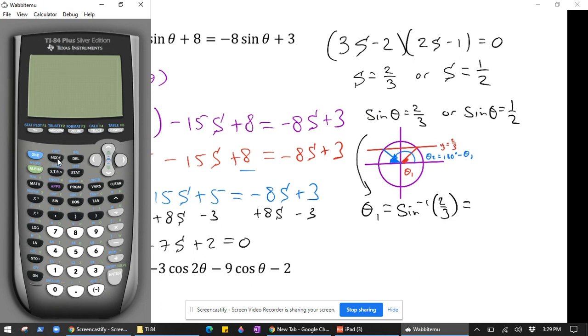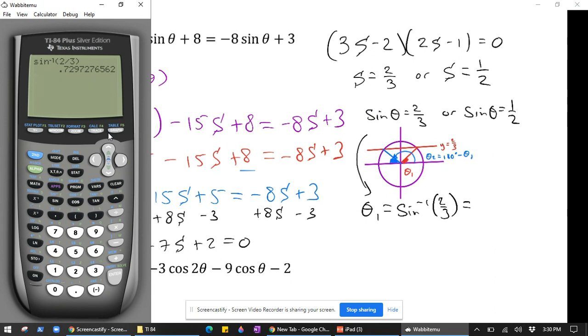I need to be in radian mode. Let me double check my mode. I'm in degree mode now, so I need to turn to radian mode. Okay, so I do sine inverse of 2/3. That's 0.730, if we look at the directions carefully, right?